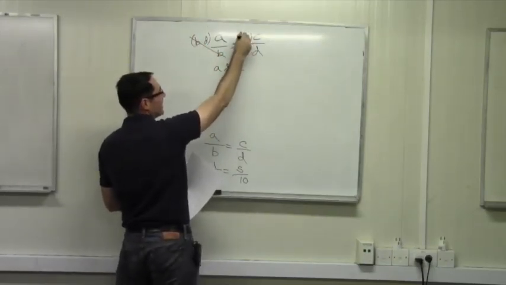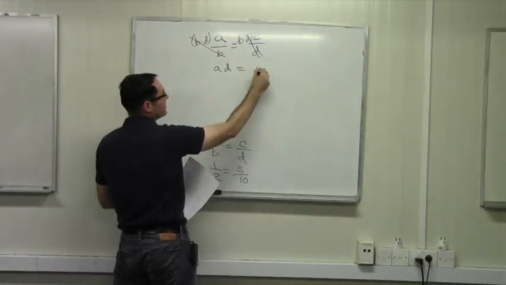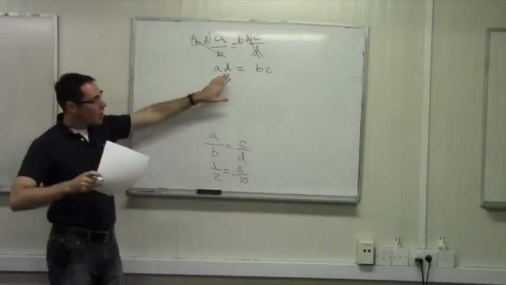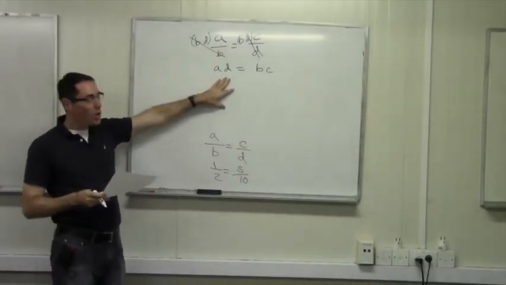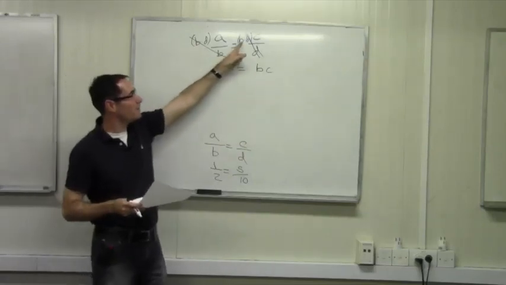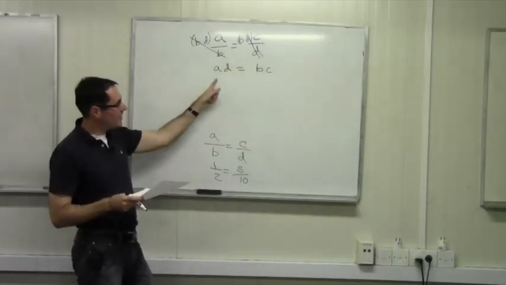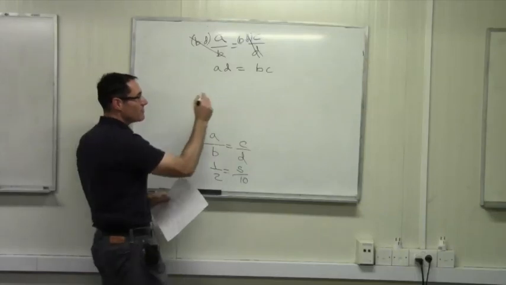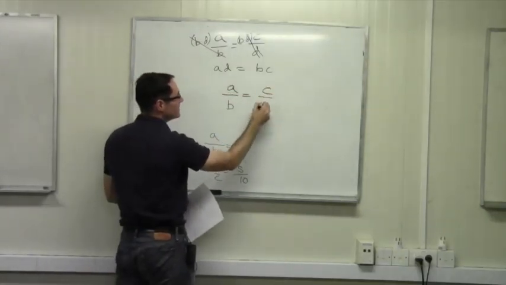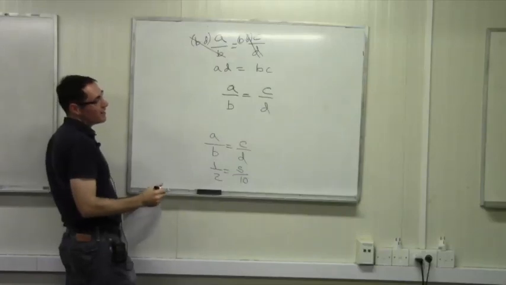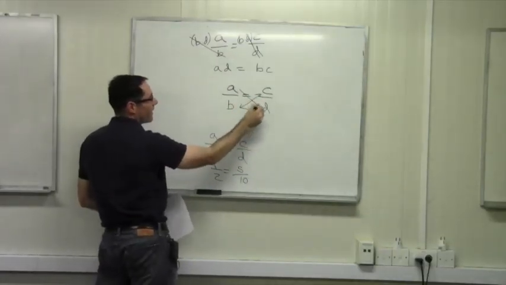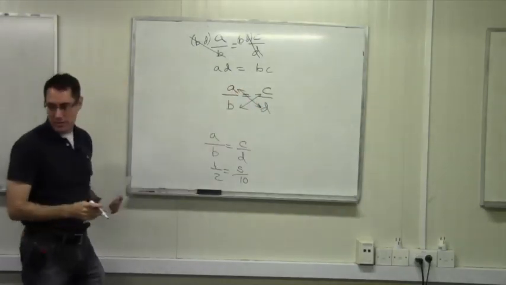And this one's going to cancel out d, and you're going to be left with b times c. And that's also an equivalent statement. All we've done is multiplied the same number to both sides, b times d over here and b times d over here. And we're left with a times d equals b times c. Let me rewrite it again. a over b equals c over d. What we've done is we've multiplied that and set them equal to each other.